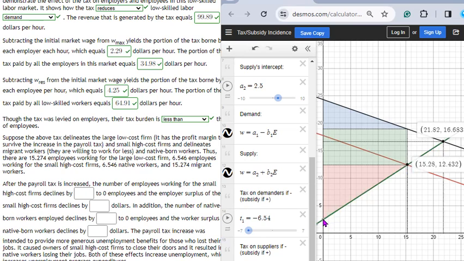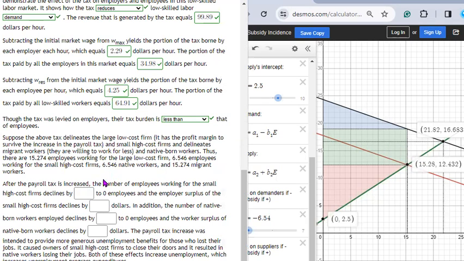The migrant workers' reservation wages range from 2.5 per hour to 12.43 per hour. So migrant workers populate this part of the labor supply curve, and native-born workers populate this part, right? That's what we're saying here.